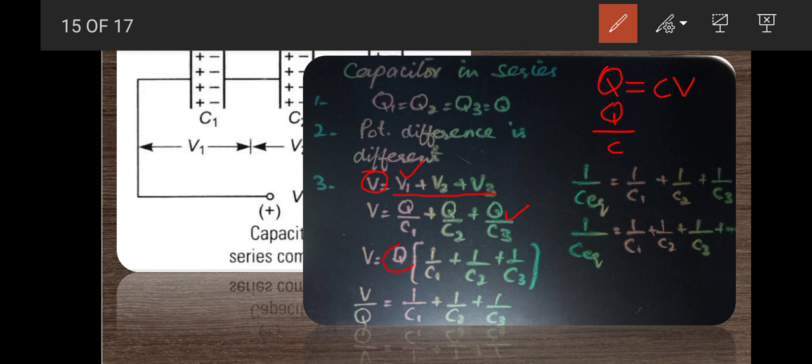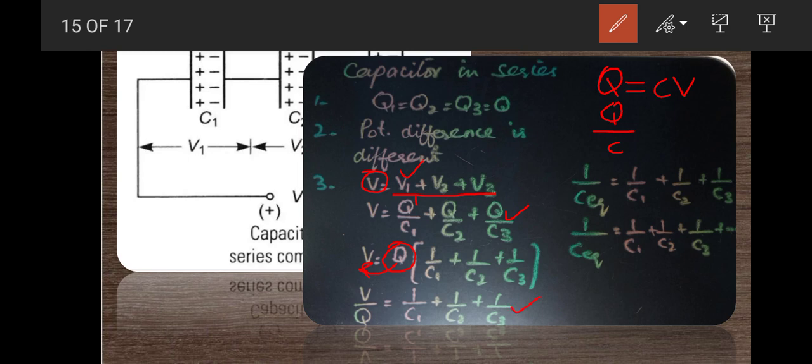Take it as common, and in the bracket you are left with 1 by C1 plus 1 by C2 plus 1 by C3. Don't forget to write it as a fraction. Q is multiplied here, so it will be divided on the other side: V by Q equals 1 by C1 plus 1 by C2 plus 1 by C3.